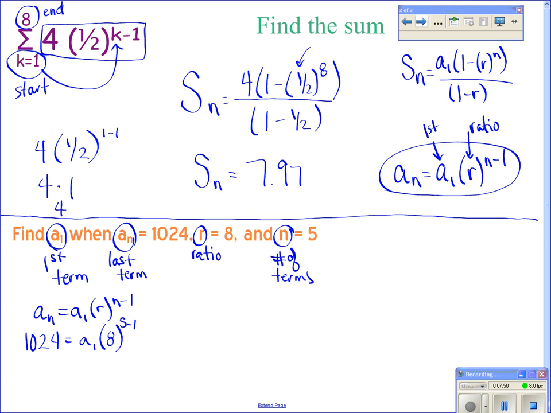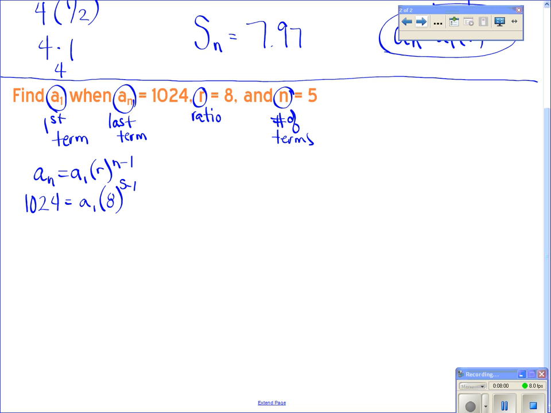So what would we do first? Eight to the 4th. Okay, what is that? And then there's one step left. Are we going to subtract or divide? Divide both sides. Which is what? How much?